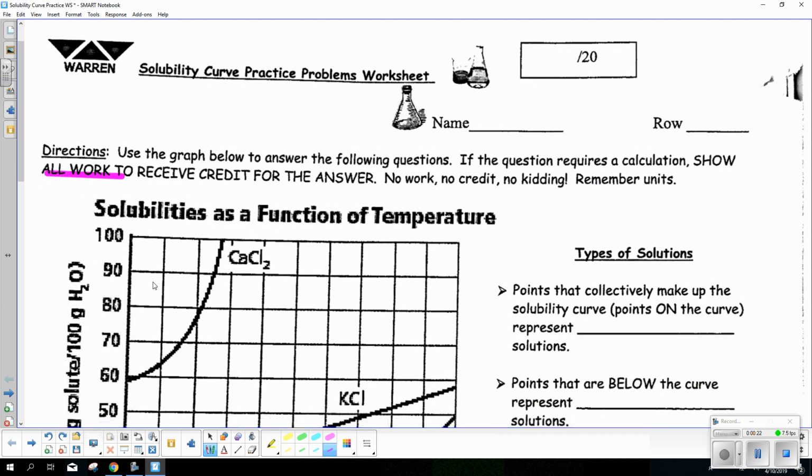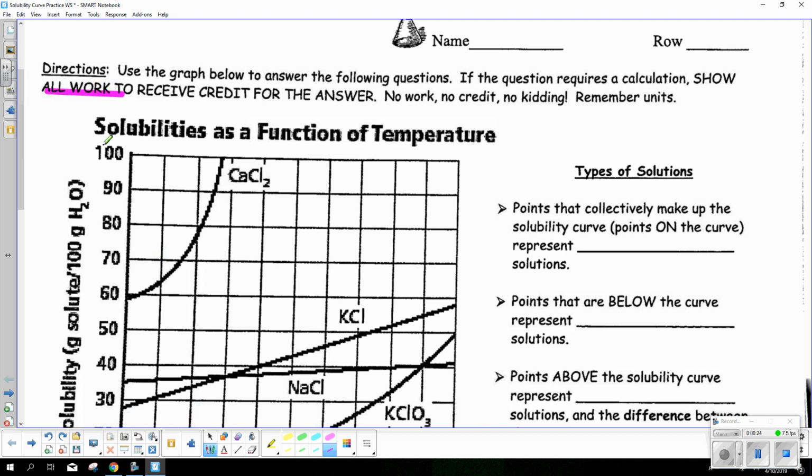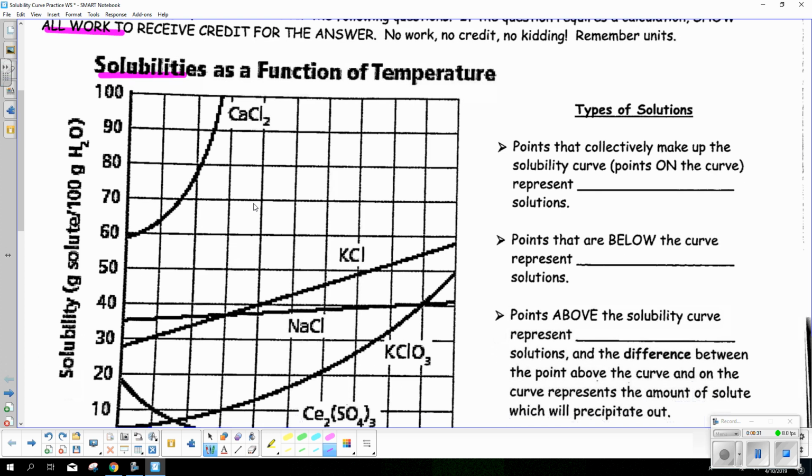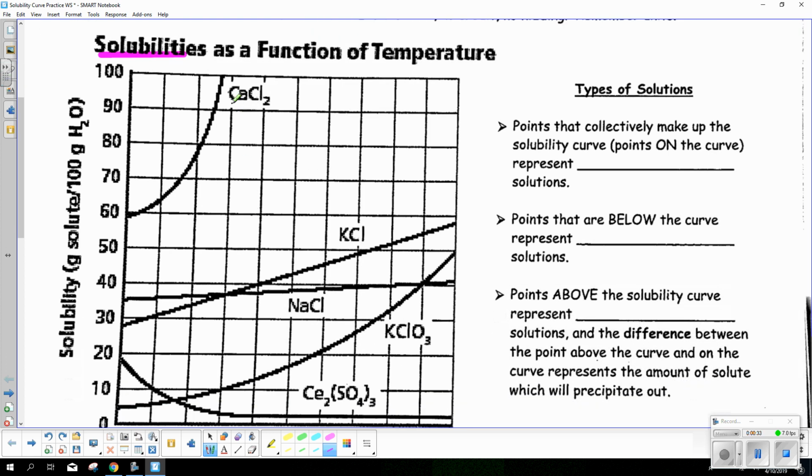So let's first take a look at this graph. The title of the graph is Solubility as a Function of Temperature. When you look at this graph, you can see that there are various labels: calcium chloride, potassium chloride, sodium chloride, potassium chlorate, and so forth.